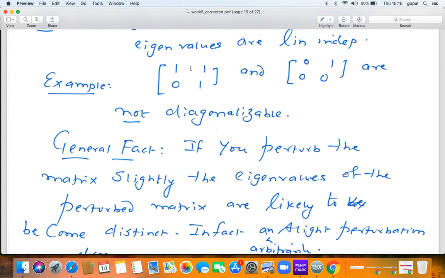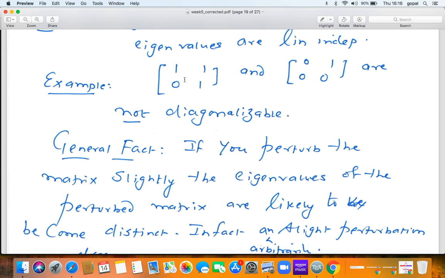The original was non-diagonalizable, but I disturbed it ever so slightly. So I got two matrices, 1, 1, 0, 1 and 1, 1, 0, 1 plus epsilon. The distance between them is pretty small, because epsilon is a small number.